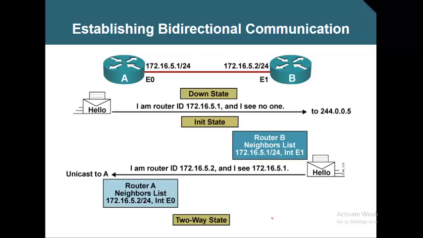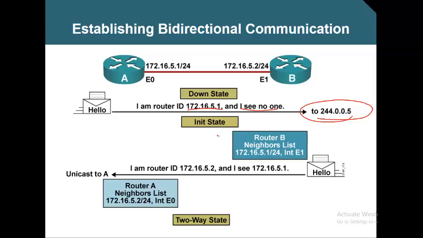But A will keep on sending its hello packet to a multicast address. What is the multicast address of OSPF? 224.0.0.5. So to this address, it keeps sending hello packets saying, "Hey, I'm router ID so and so, and I don't have any neighbor.